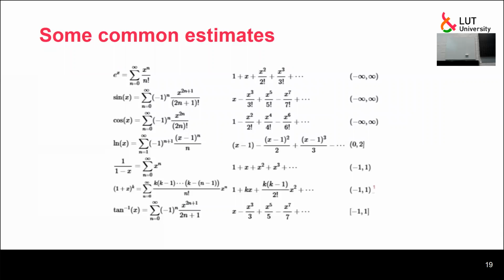Common estimates: e to the x we already had. This sigma, this funny thingy which has n equals 0 and infinity below and above, is a capital Greek letter sigma.